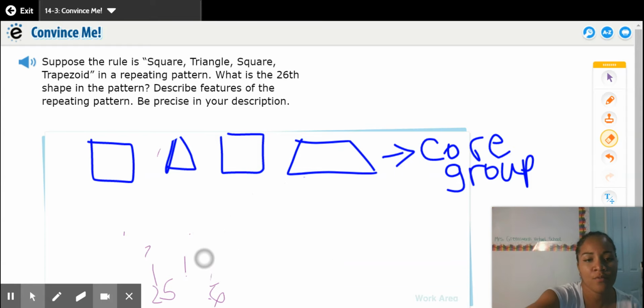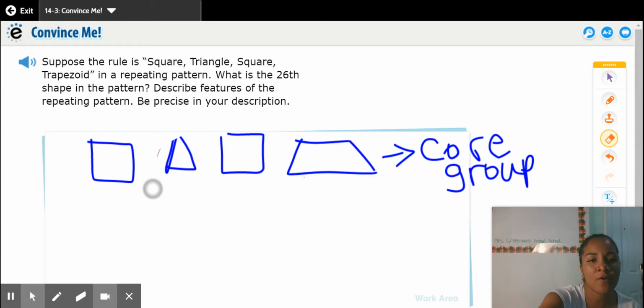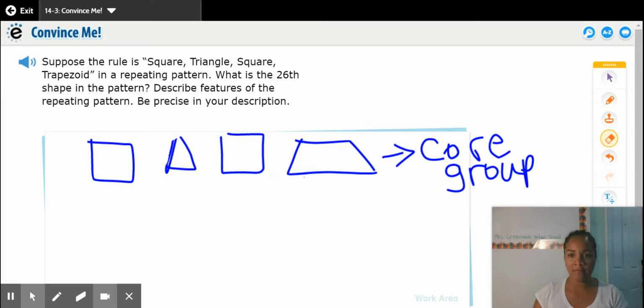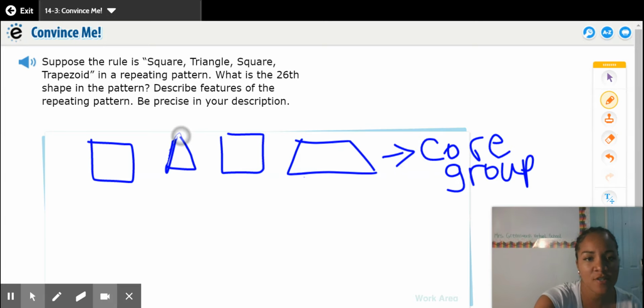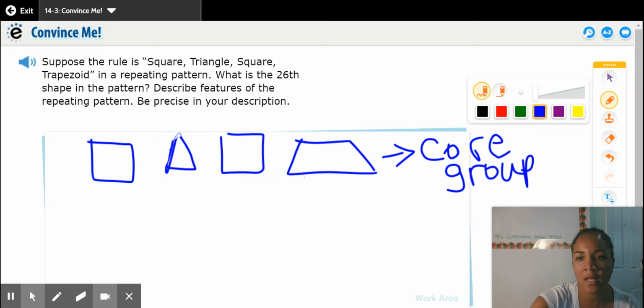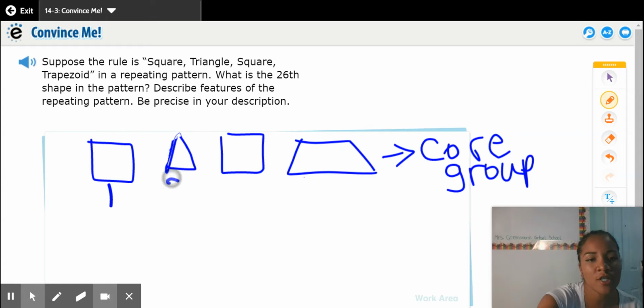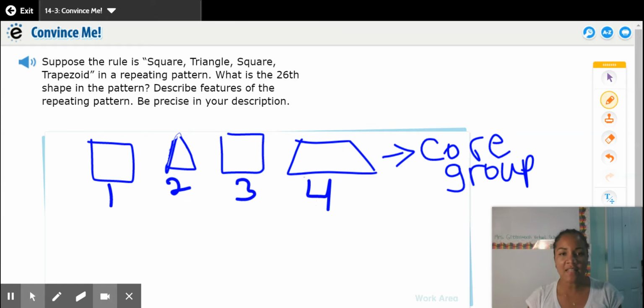Here you go. Delete all that other stuff. And here we go. We have our core group again, and there's still 4 shapes. So I'm going to make it a little thicker again because it was thick. 1, 2, 3, 4 shapes. That's still our 4 core group.